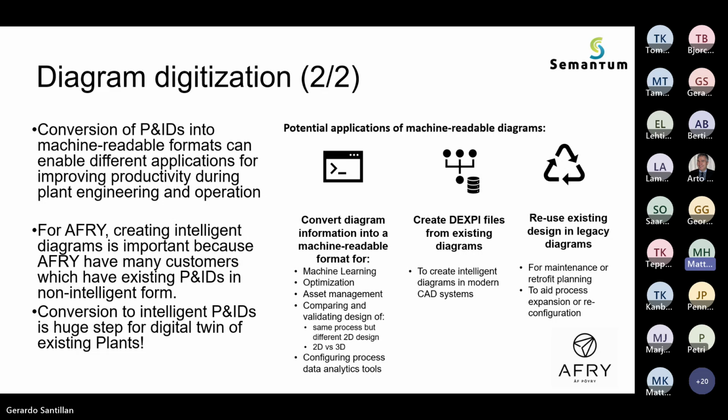So AFRY has many customers who have a lot of non-intelligent P&IDs, and this is important for AFRY because with the Model Broker tool and the Autodesk DXP plugin, we can really convert these non-intelligent P&IDs to intelligent ones. So this is a very huge step with digital twin for existing plants.